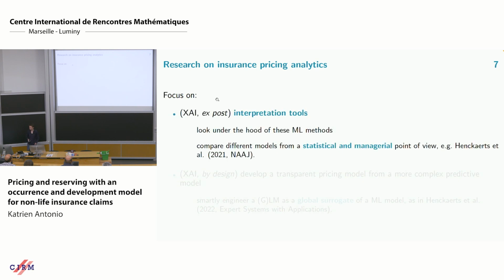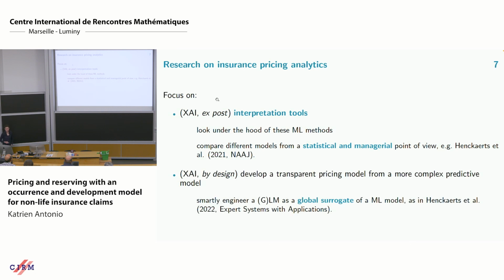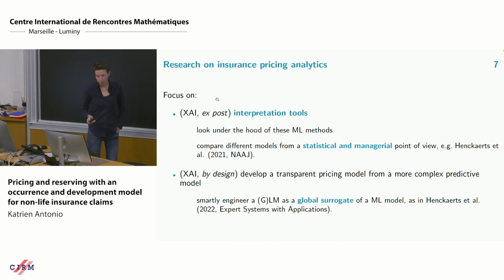And I think Arthur will continue with talking about things like interpretation, fairness in these pricing models. So these are a few main topics which are currently being covered in that field of actuarial pricing for non-life insurance.